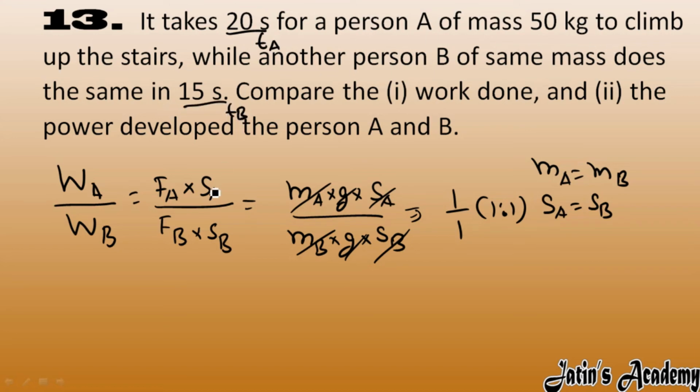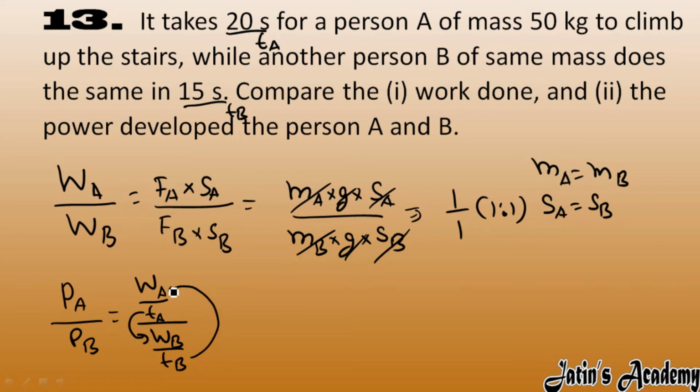So power of A over power of B is work done by A over time taken by A, over work done by B over time taken by B. This time is multiplied here and this time is multiplied here. So work done A by work done B, times time B over time A. The work done ratio we have already calculated as 1/1.